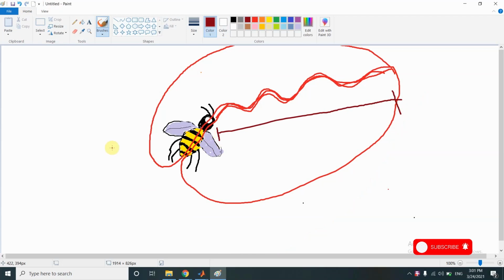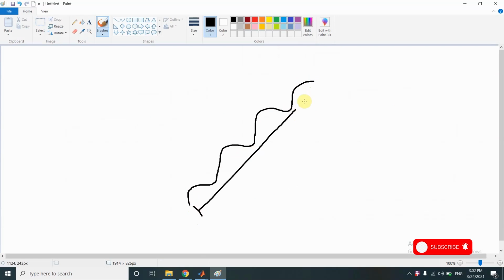So basically the bees have an inbuilt clock which can sense the location of the sun. This is the straight part, and this is the round part. Now in a beehive, the up direction means the direction of the sun.